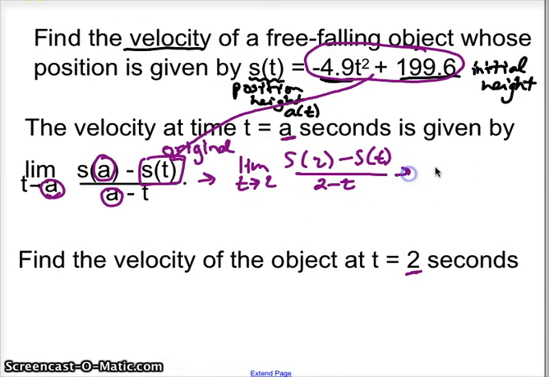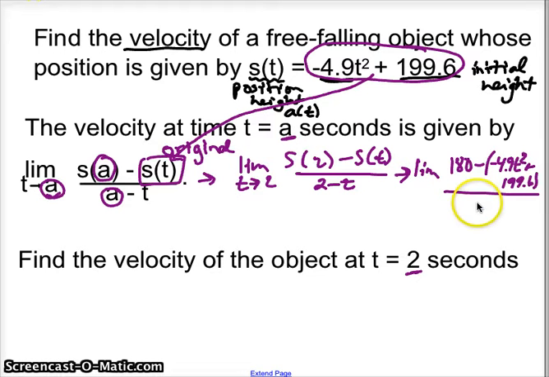So we have the limit of 180 minus the original function, so minus negative 4.9 t squared plus 199.6, all over 2 minus t. And notice I'm not using equal signs, so I'm going to just drop that word limit and just work on simplifying.